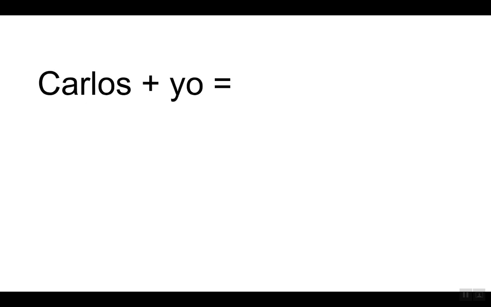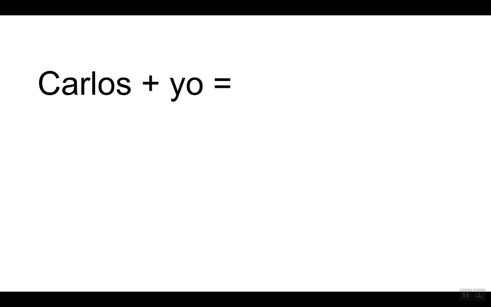Carlos y yo. Carlos is a boy. So regardless of my gender, I'm going to say the masculine form of the subject pronoun. Carlos and I. Together, when you put us together, what do we become? Carlos and I. Think about that.